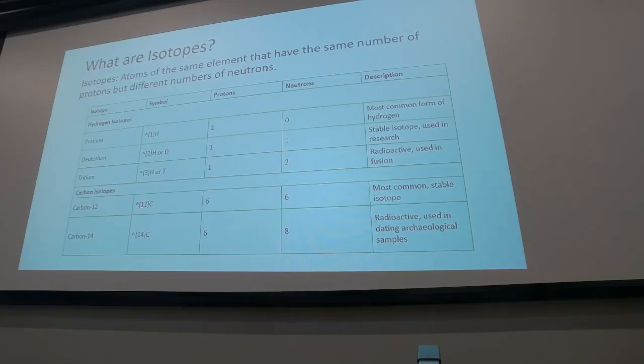Carbon-12 is also known as 12C, this one 14C. This one has 6 protons and 6 neutrons, while this one has 8 neutrons and 6 protons. So 6 plus 8 is 14. That's why we call it carbon-14. So this is the most common type.